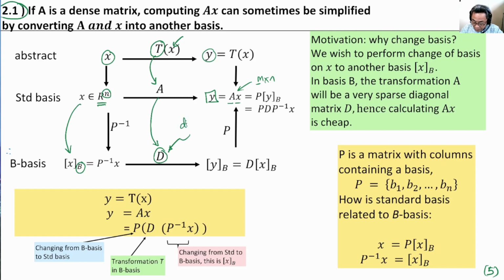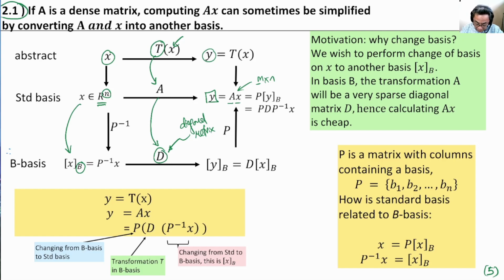In our case, let's focus on the diagonal matrix case, where D represents the same transformation T in the B basis as a diagonal matrix. Why we do that is because when D is a diagonal matrix, multiplying D by a vector is very, very simple, computationally very simple.